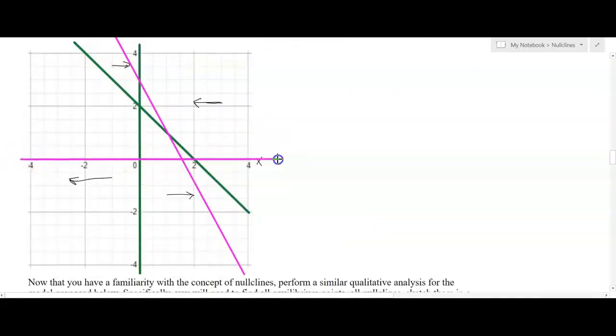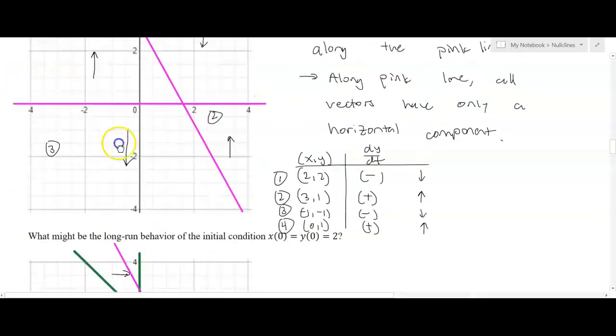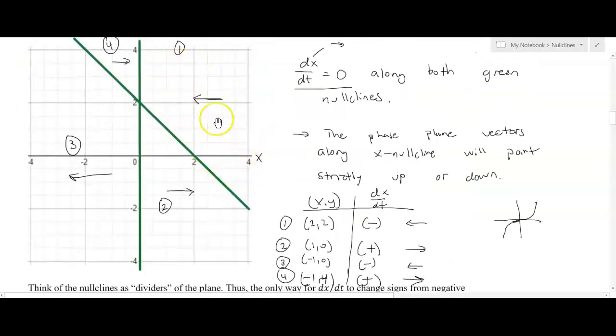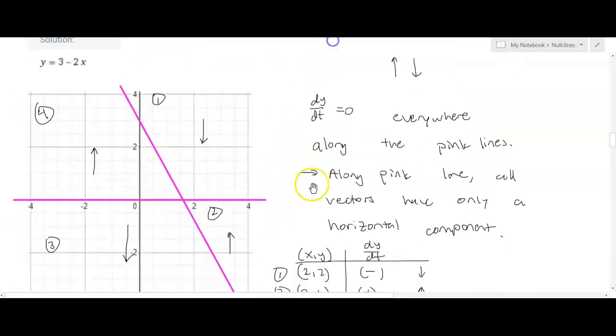And now I'm going to be really careful because now I see that depending on what region we're looking at, if I just look at the green nullclines, those are my X nullclines, then I know that everywhere within this compartment, ignore the pink for now, everywhere within this first region, the top right portion, which corresponds to what we came up with up here, I'm going to have vectors that point left.